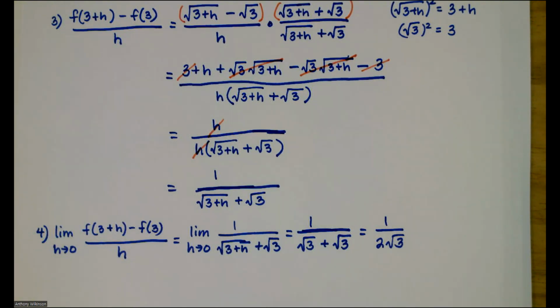Okay. So the limit as h approaches 0 of f of 3 plus h minus f of 3 divided by h, when f of x is equal to the square root of x, ends up being 1 over 2 square root of 3.